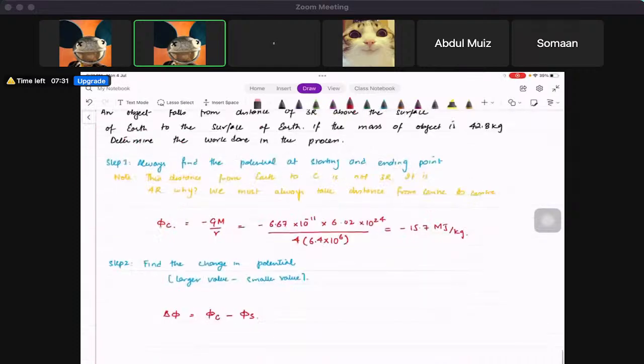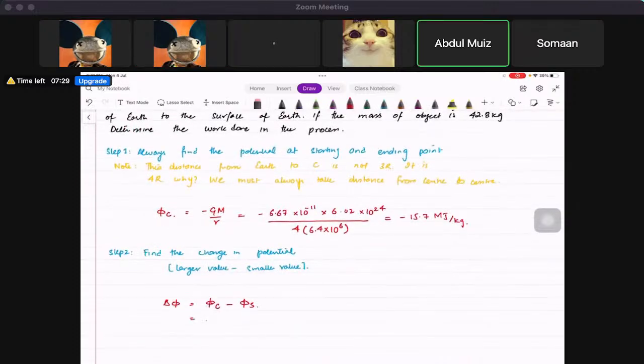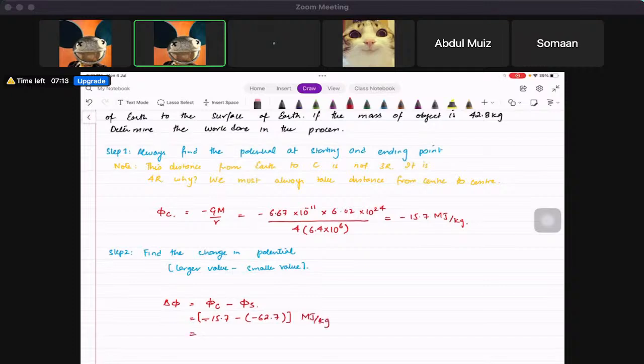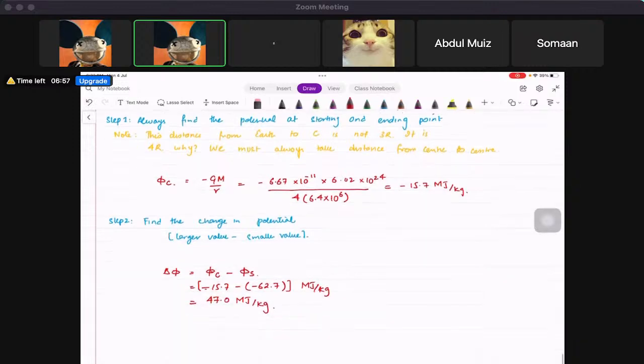So you write minus 15.7 minus 62.7, all in megajoules per kilogram. So you get about 47.0 megajoules per kilogram. This is the change in potential that has occurred for that mass to fall from C to the surface.